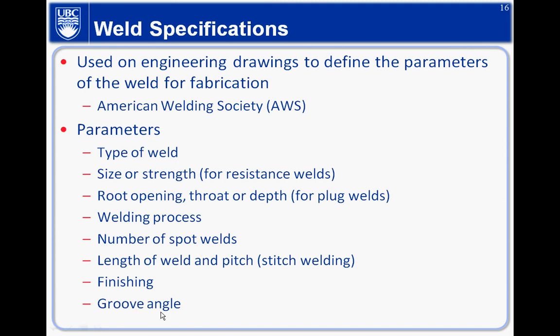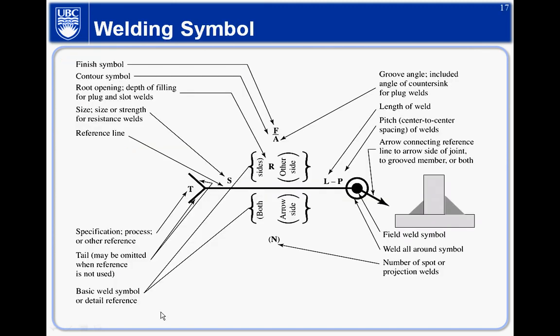Basically it includes all the information. On the drawing there is an arrow pointing somewhere, and there is some information on the top and the bottom of the arrow. Those are the pieces of information we need to know. Very basic ones. I'll show you what they are and how to read the information properly here.